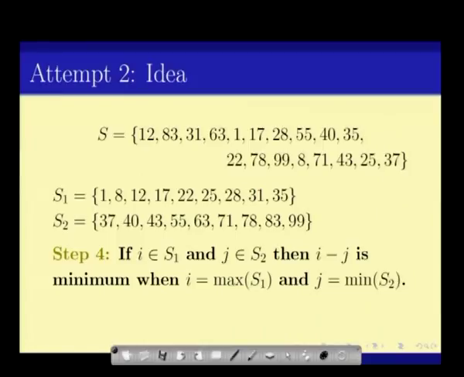Note that if i is in S1 and j is in S2, then the distance between i and j is minimum when i is the maximum in the set S1 and j is the minimum in the set S2.